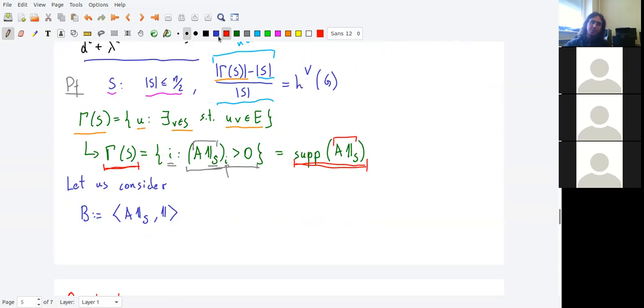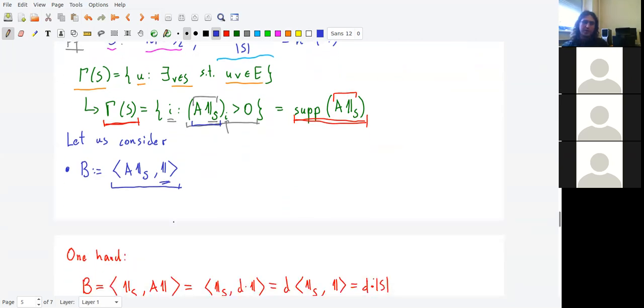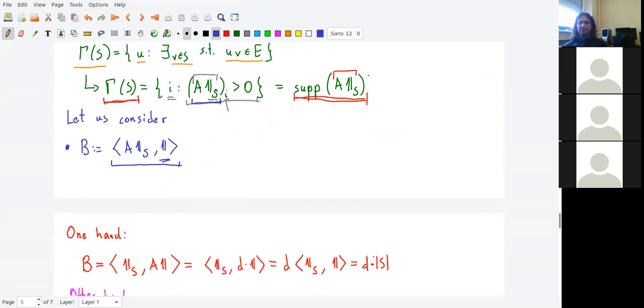Okay. So again, we will be looking at some particular value. The value will be B, like that. I take this vector of interest because it will help me get the size of gamma of S into the equation, and I take the scalar product with simply all ones. So on one hand, it's very easy to see what this value actually is, because A is a symmetric matrix, so I can just move A from here to here.